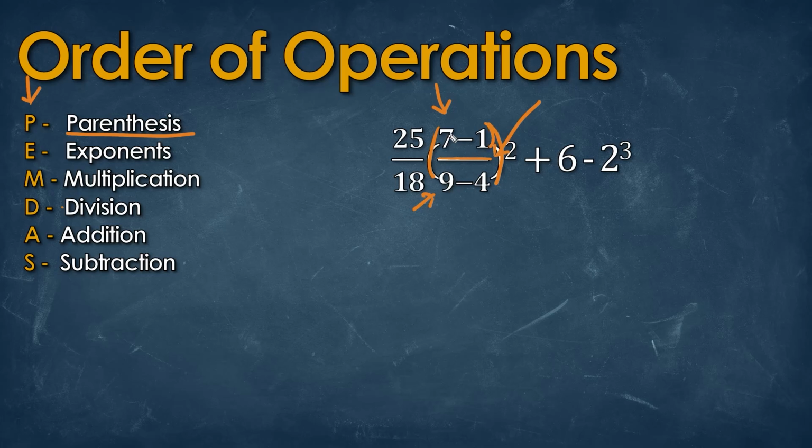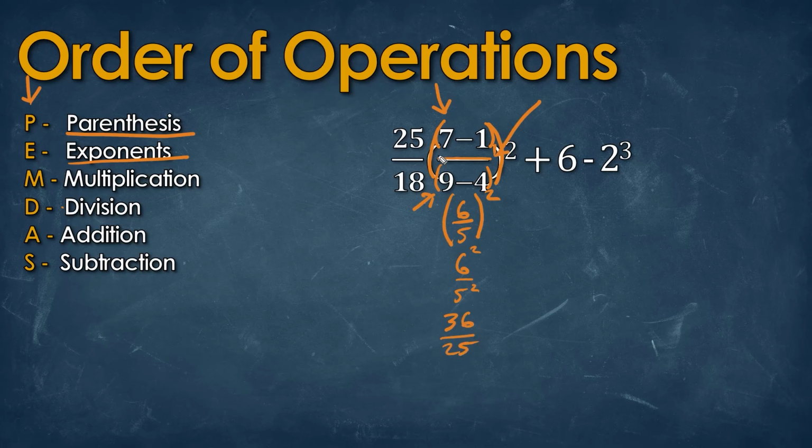So 7 minus 1 would give us 6, over 9 minus 4 would be 5. Now remember, this is going to be in parentheses and it's squared. So that means that we're going to have to take the exponent to both the top and the bottom. If we simplify that, we would get 36 over 25.